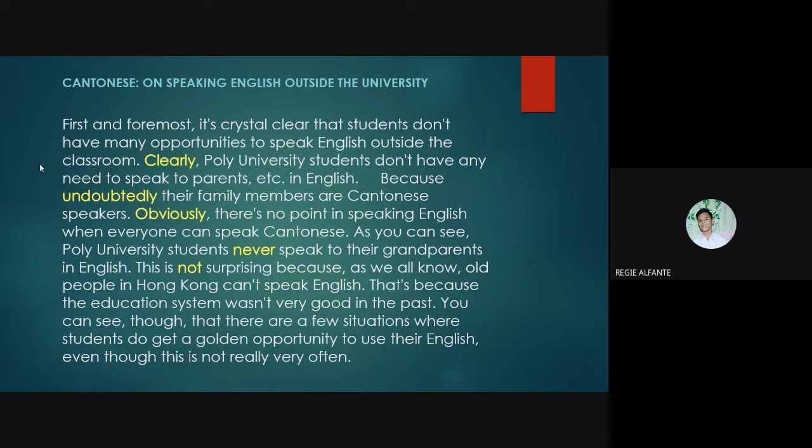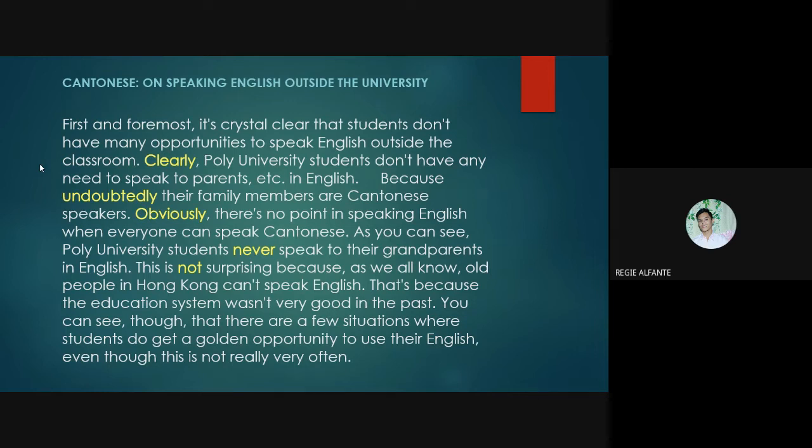Clearly, Poly University students don't have any need to speak to parents, etc. in English because undoubtedly their family members are Cantonese speakers. So clearly and undoubtedly affirm that the students of the Poly University do not use the English language outside the school since their family members are Cantonese speakers.